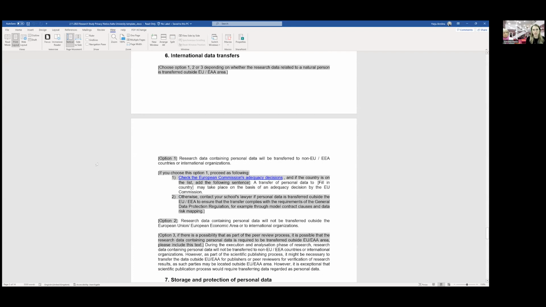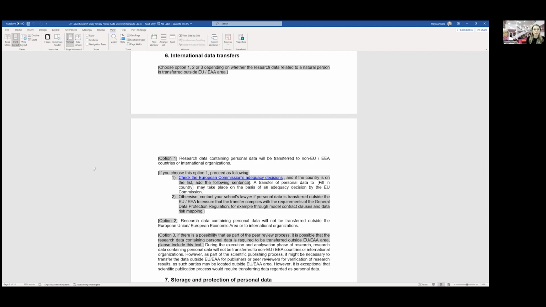Okay, then we're going to continue with sharing and transferring the data. So GDPR has quite strict rules on transferring data outside the European Union or European Economic Area.